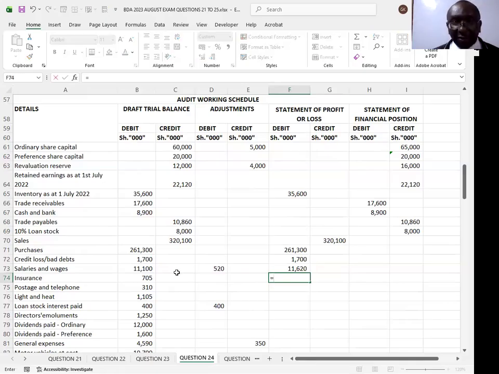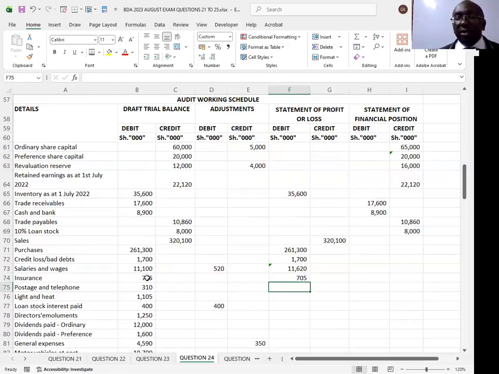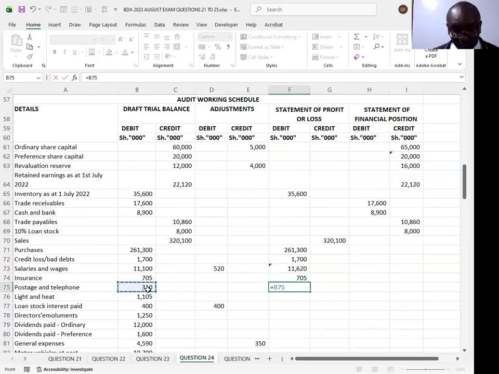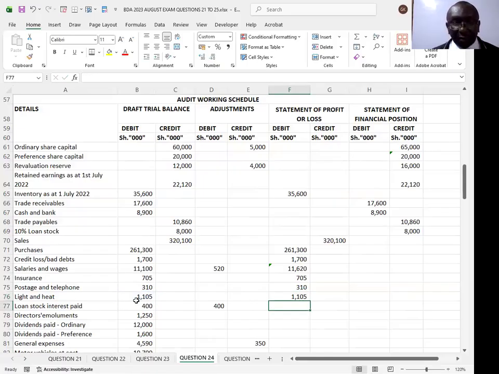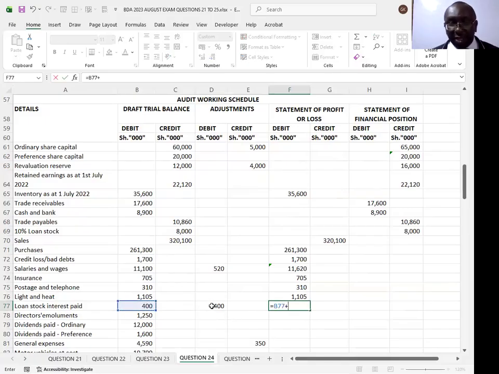Insurance, no adjustment, so it comes in here. For P&L, that is an expense. Postage, the same. Writing, the same. Roll stock, we are going to add because we had 400 here and we debited some other 400.